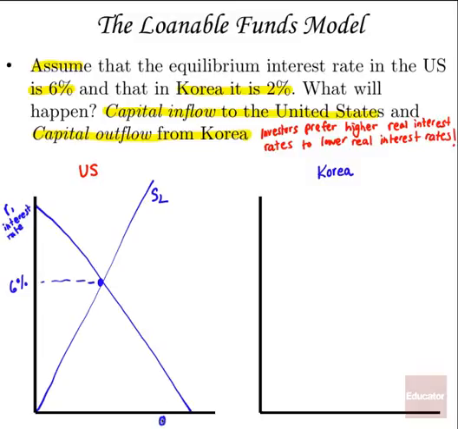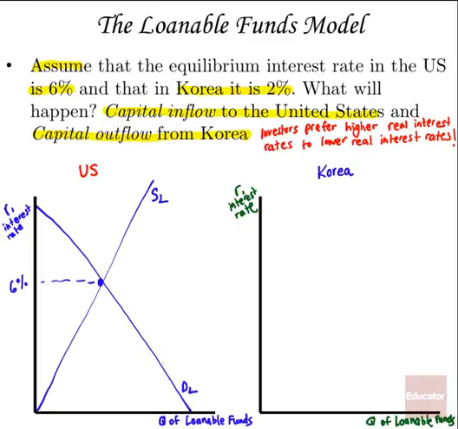And this is the quantity of loanable funds. Let's draw the same quantity of loanable funds right here. And this is R, the interest rate again. Now you want to make sure that this is the demand for loanable funds here. Let's put this a little bit lower.